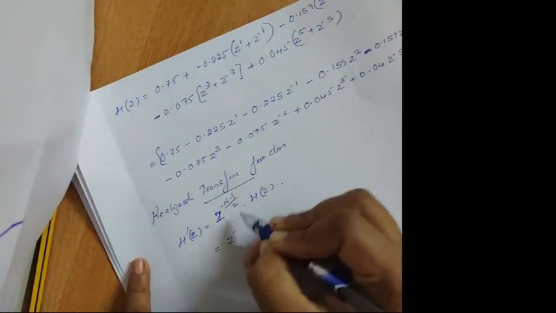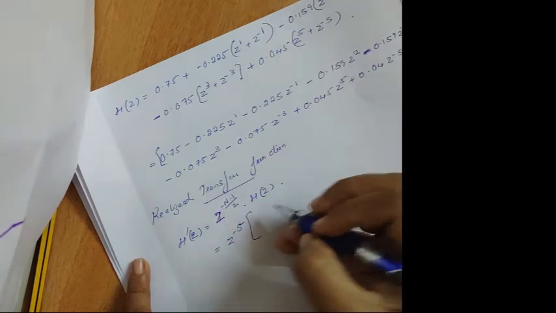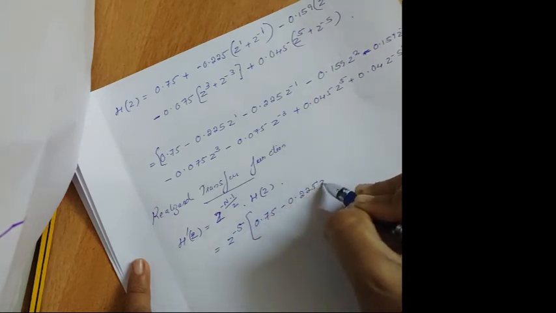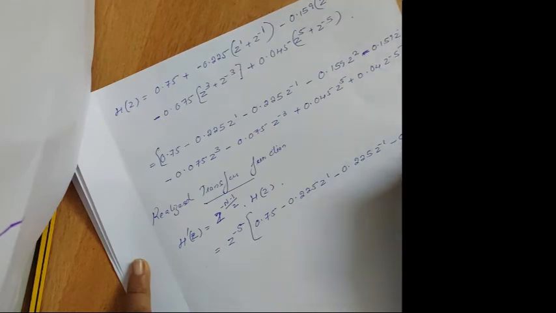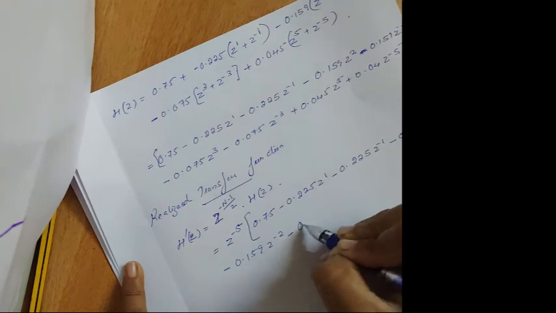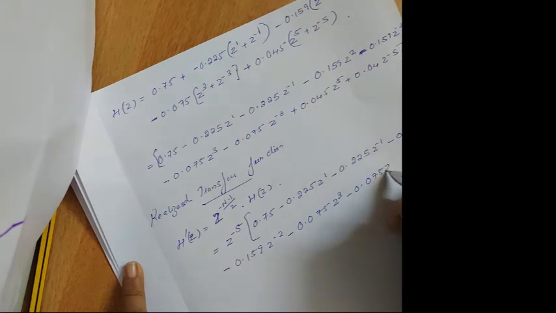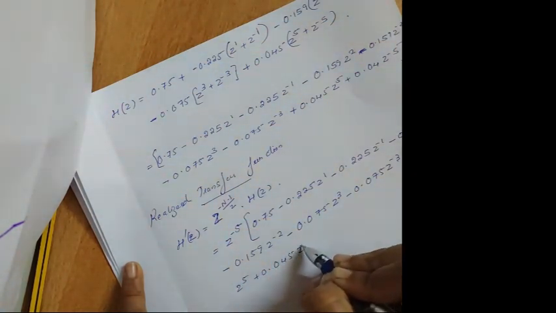Here n is equal to 11, 11 minus 1 is 10, 10 by 2 is 5. So z raised to minus 5, you have to multiply with the other terms: 0.225 z raised to minus 1 minus 0.159 z raised to 2 minus 0.159 z raised to minus 2 minus 0.075 z raised to 3 minus 0.075 z raised to minus 3 plus 0.045 z raised to 5 plus 0.045 z raised to minus 5.